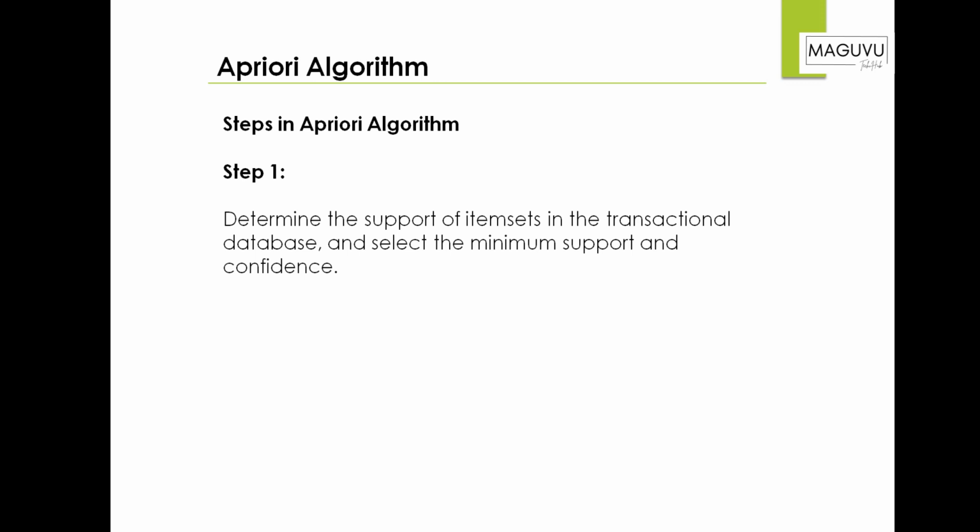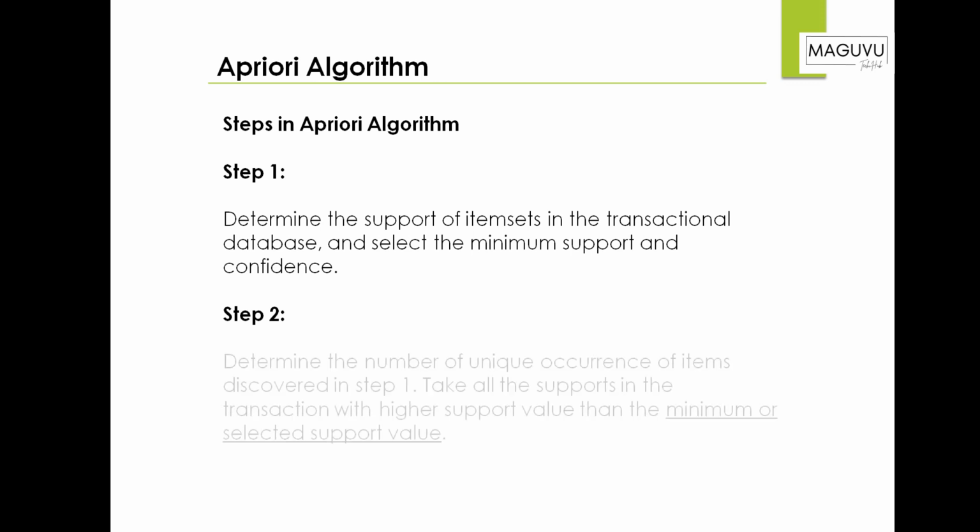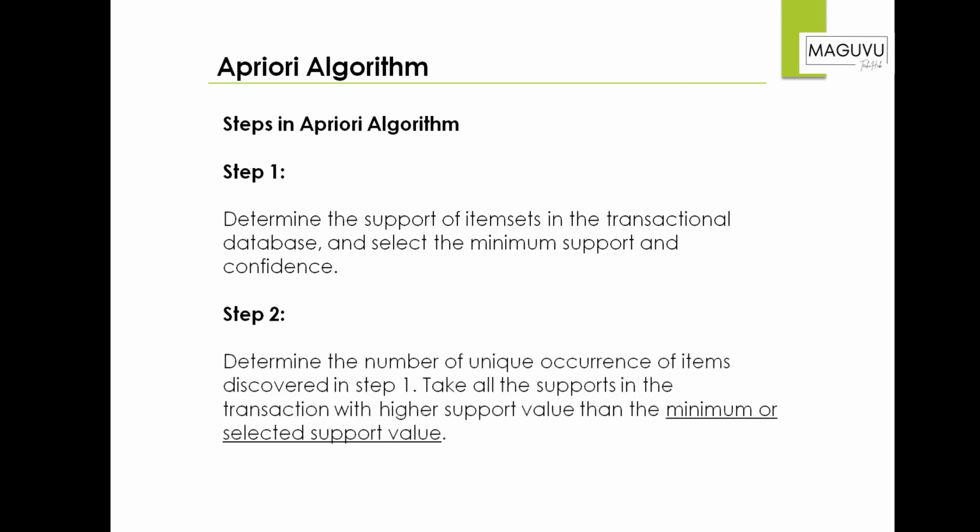And then you also want to identify the minimum support and the minimum confidence defined. In the next step, you then want to calculate the frequent occurrence of each item discovered in step 1.